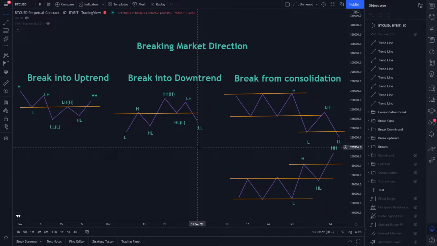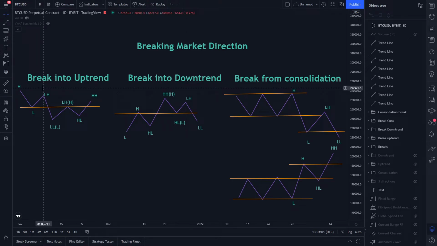What you have to keep in mind is that very often when price is trying to change the market direction, it forms a consolidation, which is the range, and after it breaks or changes the market direction. So it is very rare to see an uptrend changing instantly into downtrend.